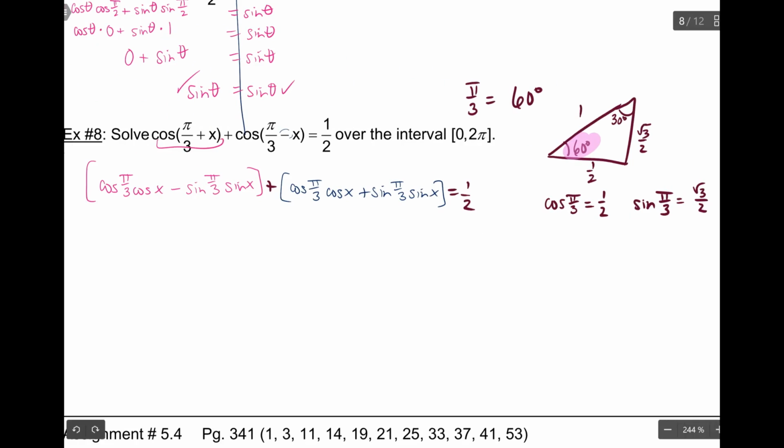So cosine pi over 3 is 1/2 cosine x minus square root 3 over 2 sine x, plus 1/2 cosine x plus square root of 3 over 2 sine x equals 1/2.